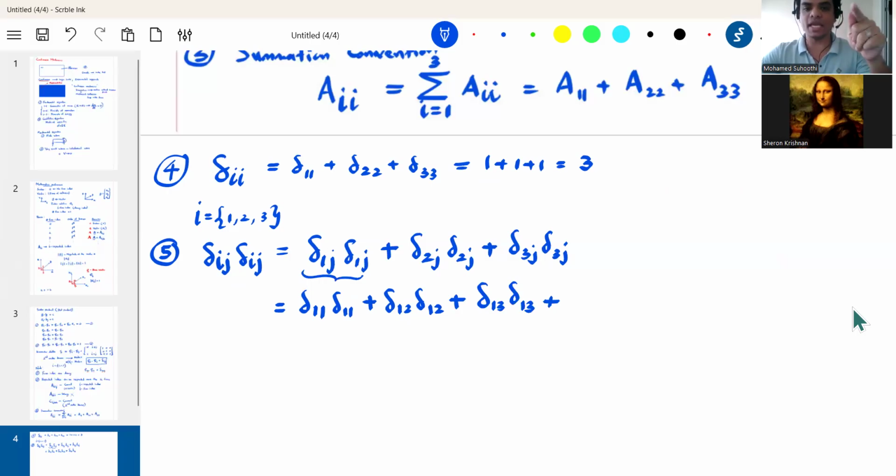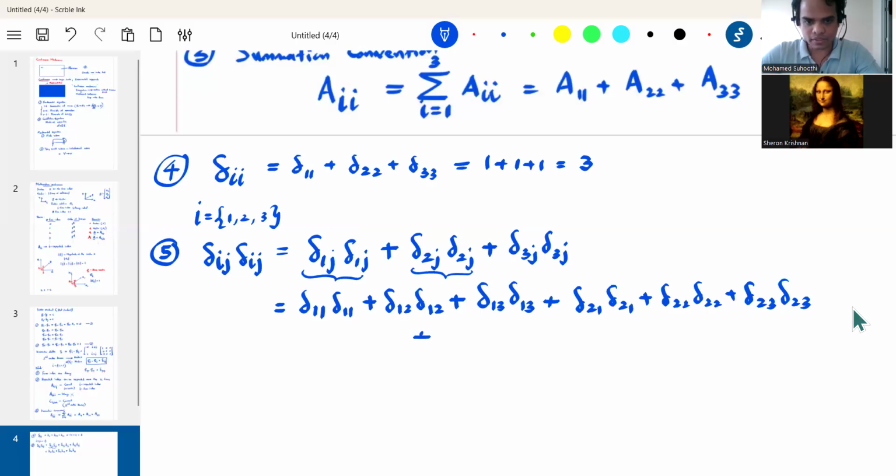Again, j here is 1 to 3: 2 1, then 2 2, plus 2 3, 2 3. So now this part is for the second term.